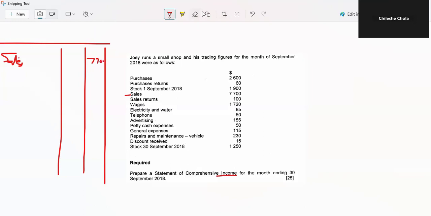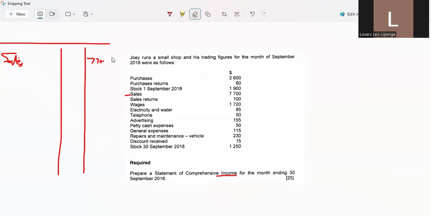Then next, what do we do? Sales less cost of sales. Yes, so less cost of sales, less sales returns. What's our sales returns? 100.